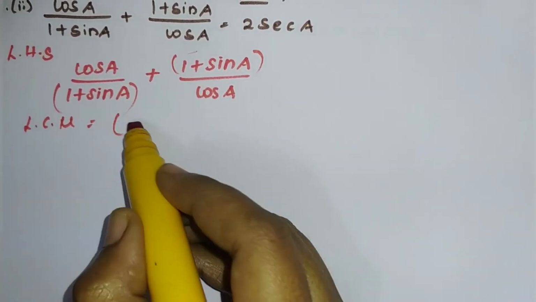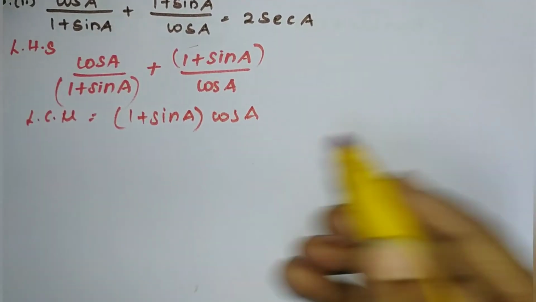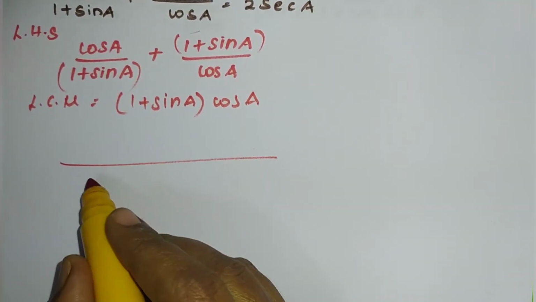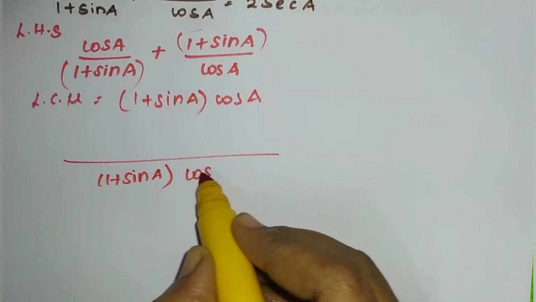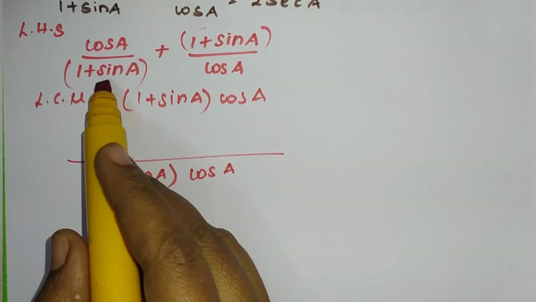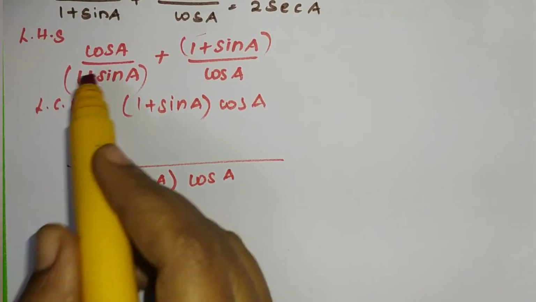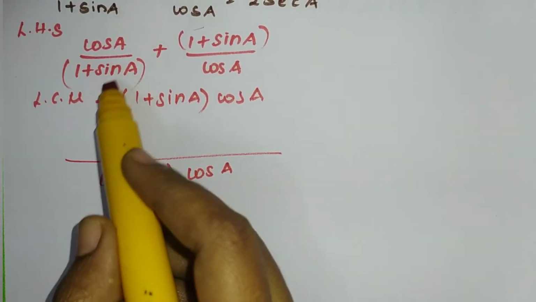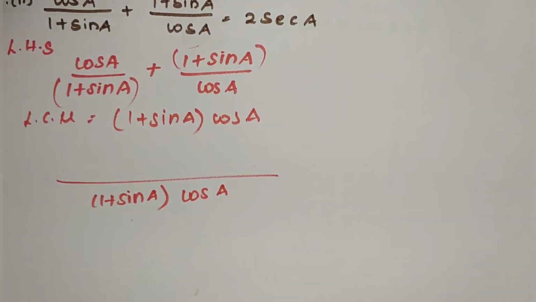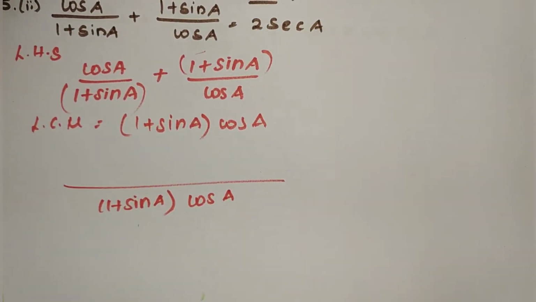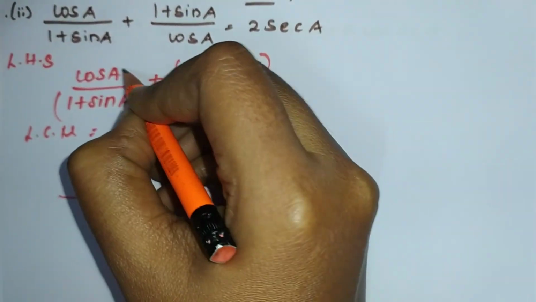LCM is equal to 1 plus sin A times cos A. Here we don't have cos A in the denominator, so we have to multiply by cos A in the numerator as well as in the denominator.